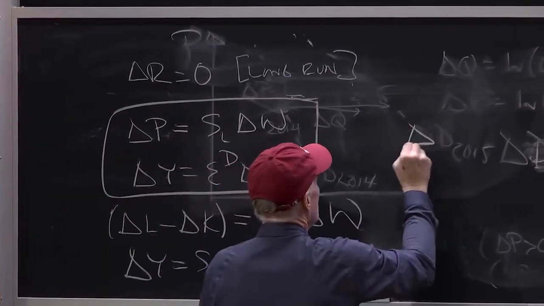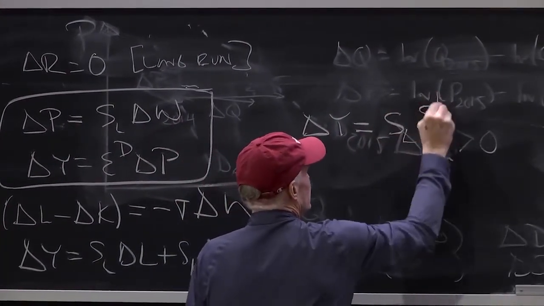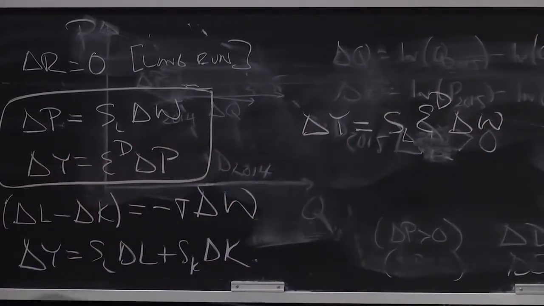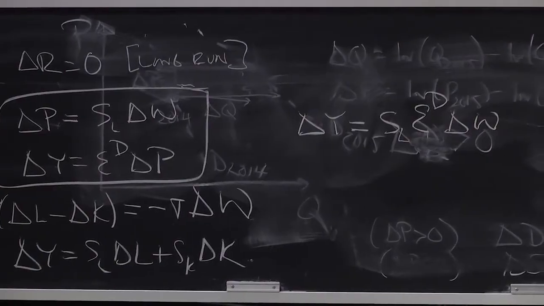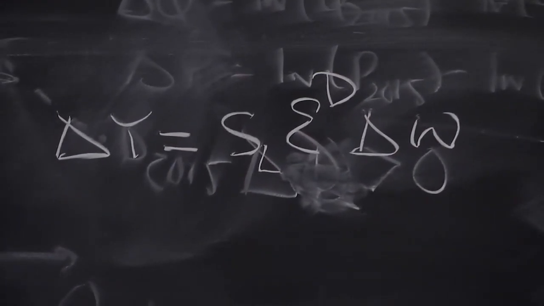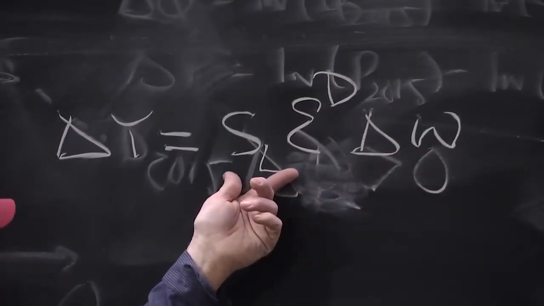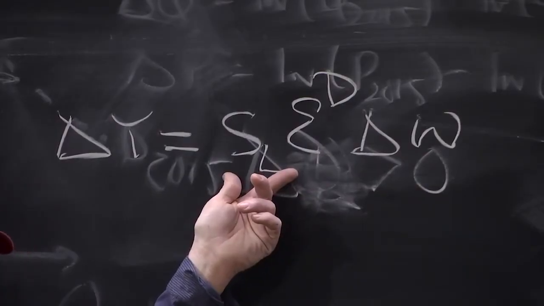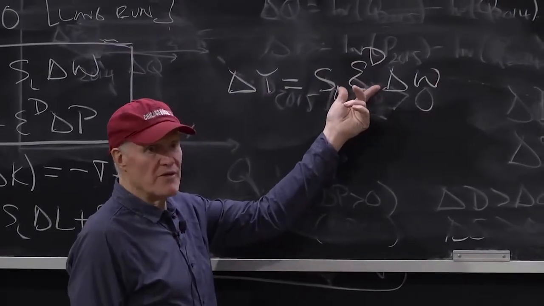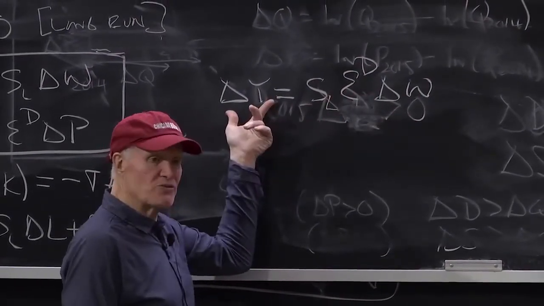We get delta Y equals SL epsilon D delta W. So it's easy to get the change in output right off of there. That is, the wage goes up 10%, labor share is 0.6, so the costs go up 6%, whatever that elasticity of demand is, say it's minus 2, output's going to go down 12%.